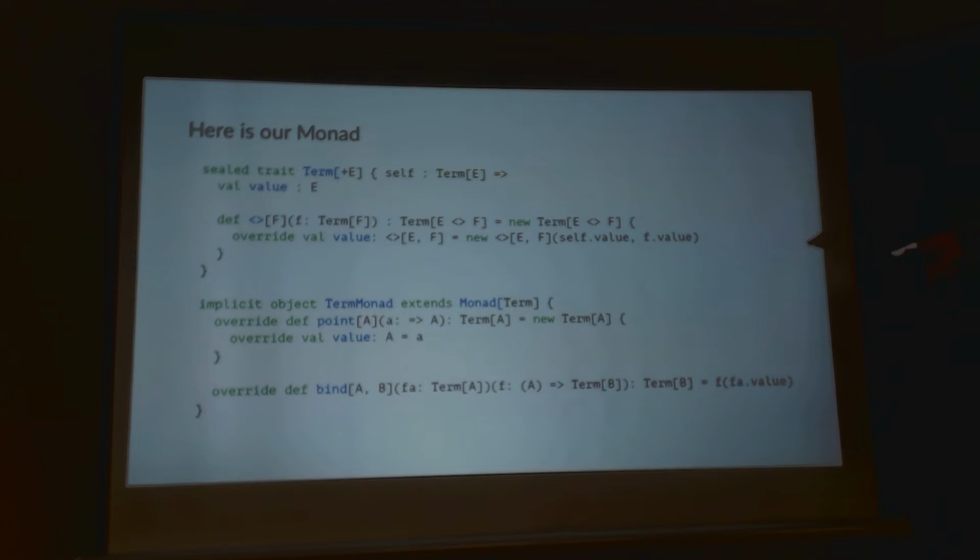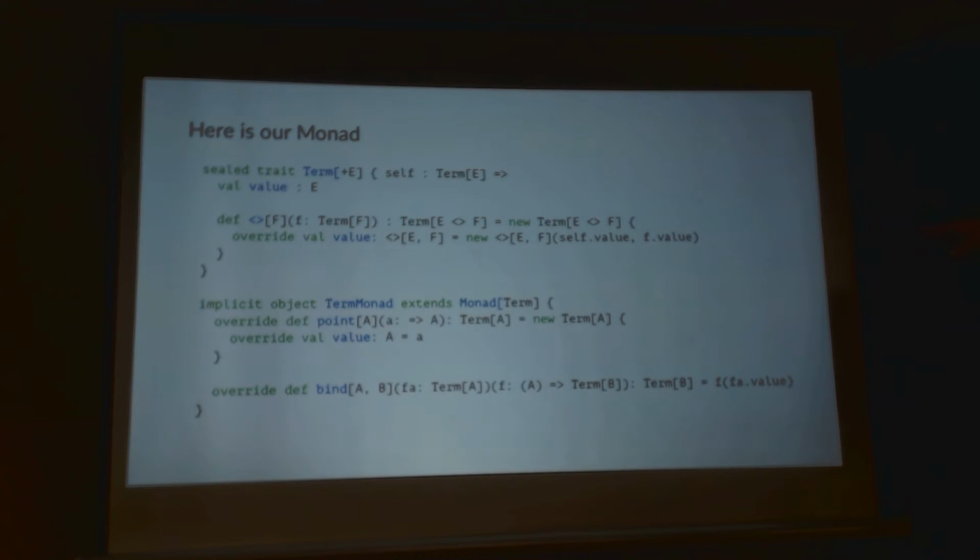Now we're defining our term monad, and this becomes important later on because we're defining an object implicitly, so that if there's any place in the code where it's saying, I don't know if this thing you're trying to operate on in a monadic way is a monad or not, well, this removes all doubt. What this does is it defines point and bind, as I showed before.